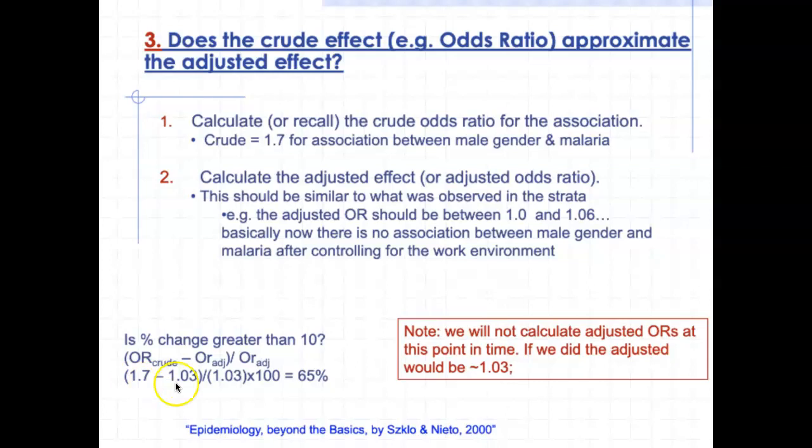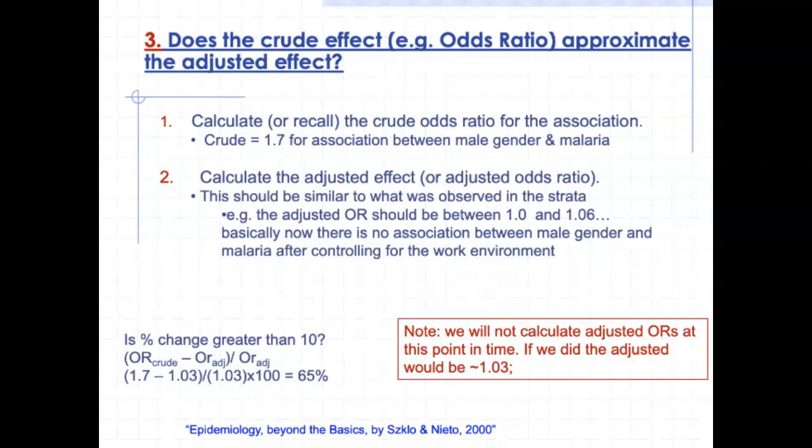In this case, I would plug in these numbers: my crude is 1.7. I subtract 1.03, that adjusted measure of association, and then I divide by 1.03, times 100, and that is 65%. So it definitely appears that the adjusted measure of association is a lot more than 10% different from that crude measure of association.